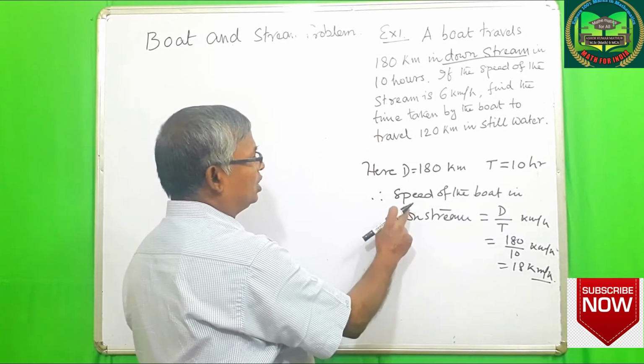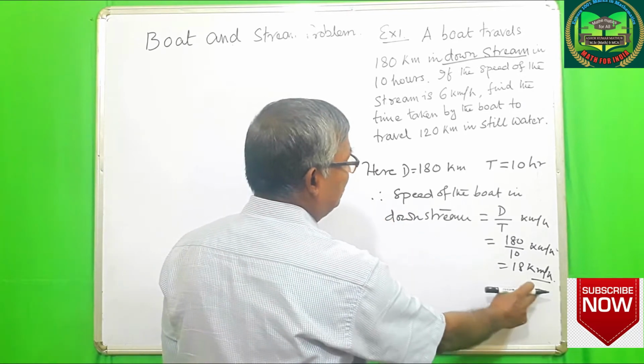Therefore, speed of the boat in downstream equals 18 kilometer per hour.